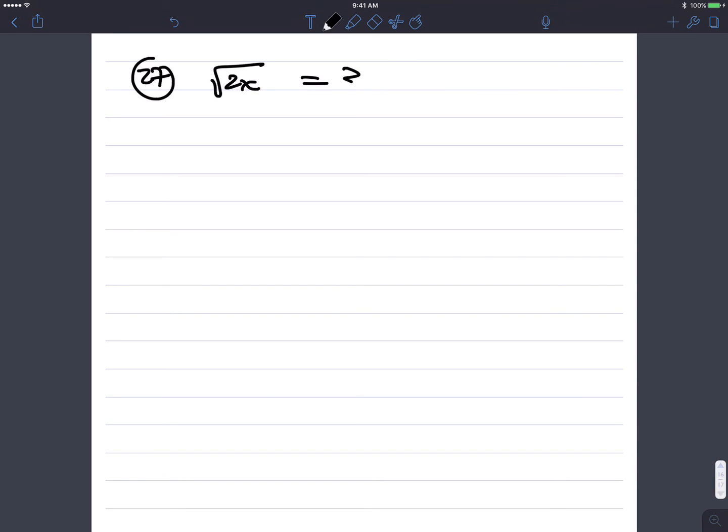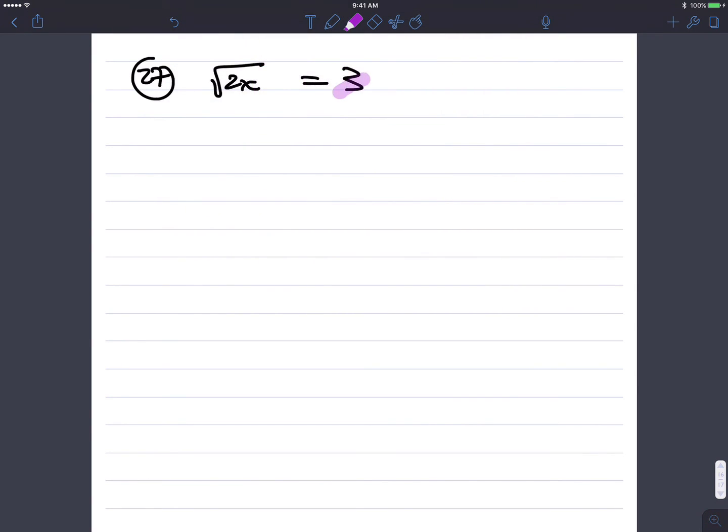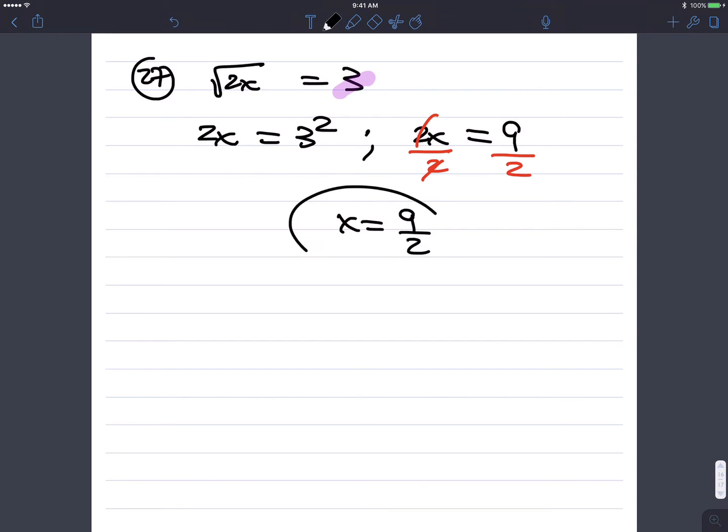Square root of 2x is 3. Now again, 3 is a nice non-negative number, simply not negative. That means 2x will be 3 squared, or 2x will be 9. Divide both sides by 2. X is 9 halves. Here's your solution set.